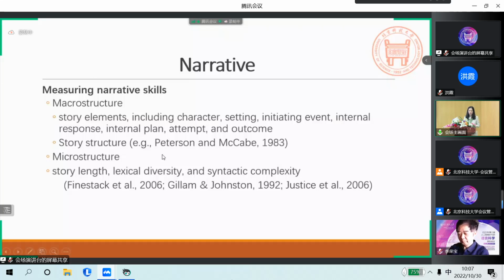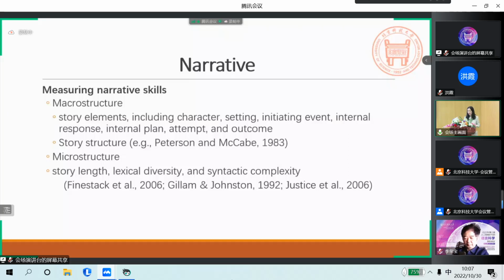Story element is usually analyzed by whether the narrative includes the following elements, such as character, setting, the initiating events, or response, plan, attempt, and outcome. And the story structure might be analyzed by different patterns of how the story is constructed or presented.